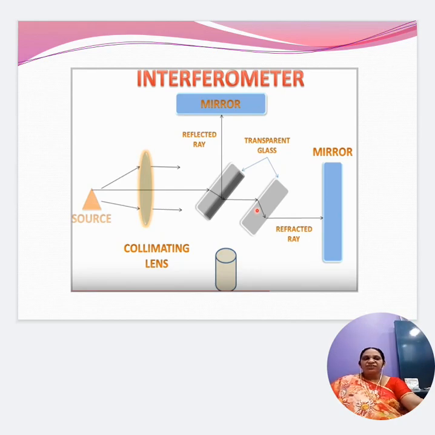The next stage is the collimating lens, which makes the radiation falling on it into a parallel beam of rays. These rays strike the 2 transparent glass plates. There are 2 mirrors, and the telescope. So this is the basic structure of your interferometer.